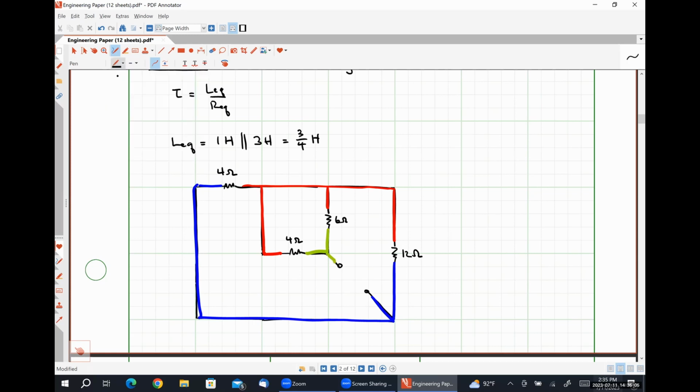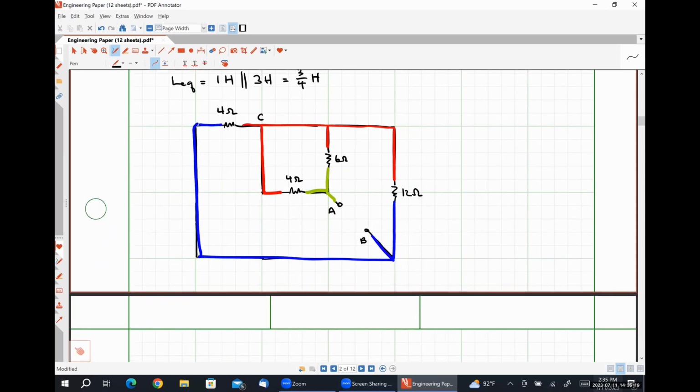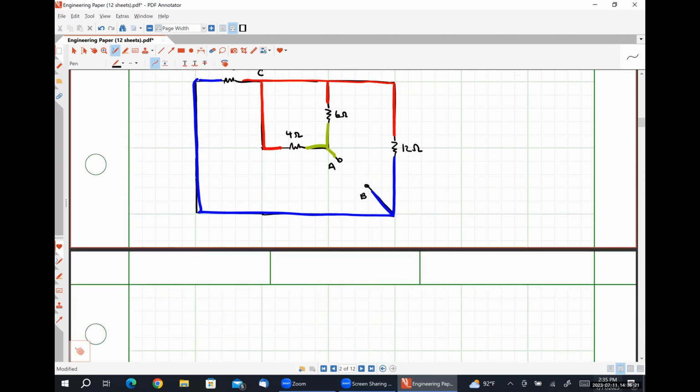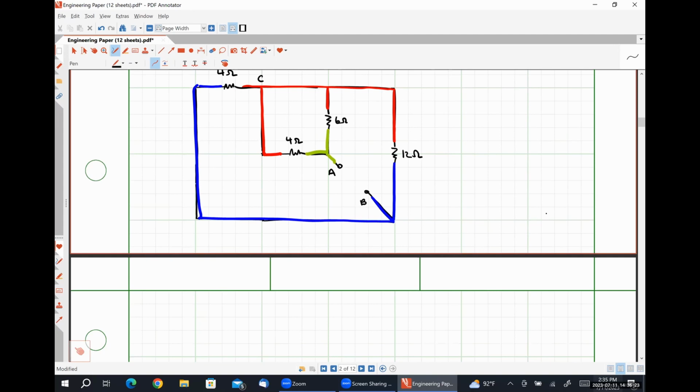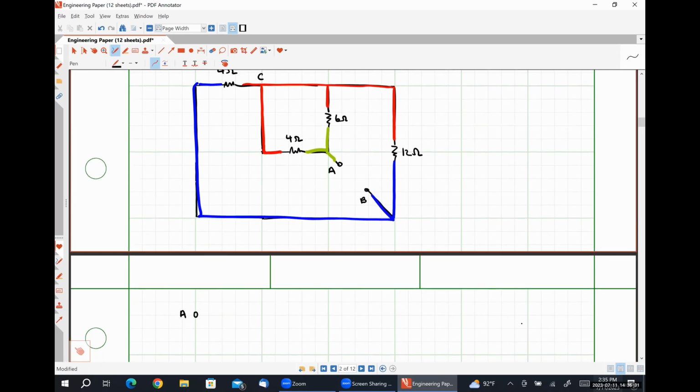This is a node. I'm going to label these nodes. Let's call the green A, the blue B, and the red C. And let's scroll down here so we can do my regular resistor combination technique. I'm going to put A on the left-hand side of my page, and B, since this isn't very big, I'll just put it over here. I think this will be plenty of room.